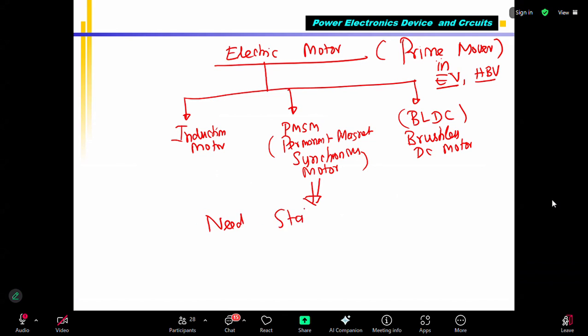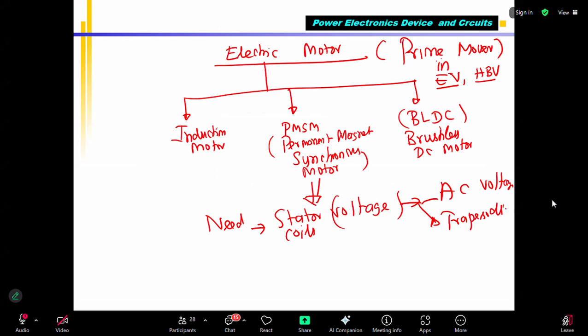Stator voltage. The stator coil should be supplied with a voltage. What type of voltage? One is AC voltage, or it can be trapezoidal voltage, which is used in the BLDC motor. We are talking about sine wave.